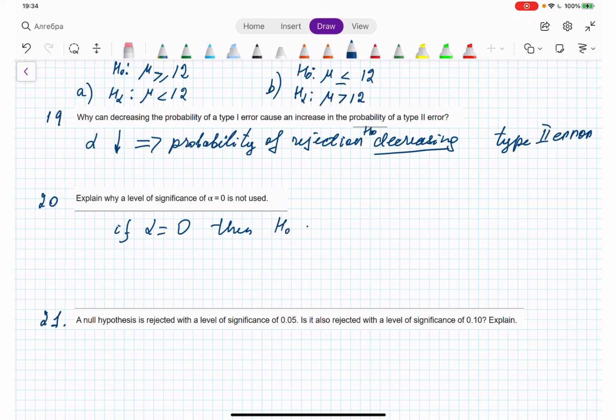That's why. And there is no hypothesis test this way.